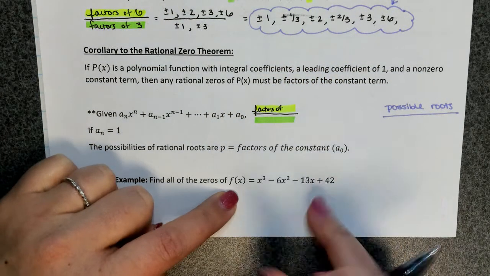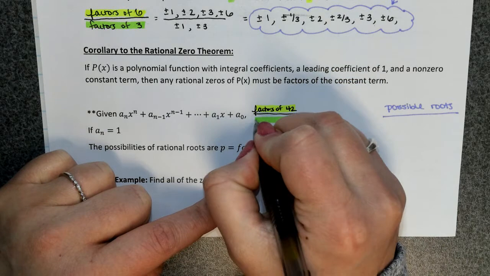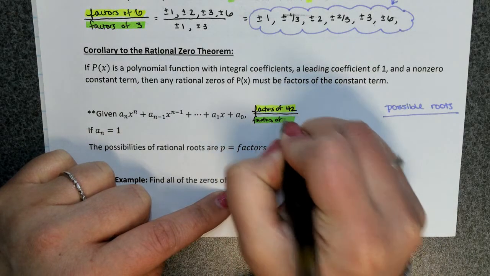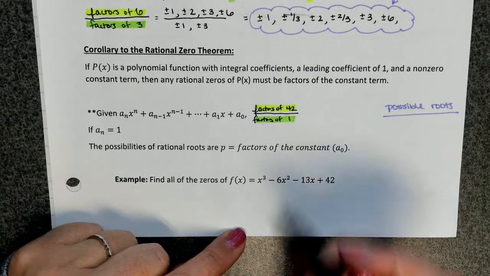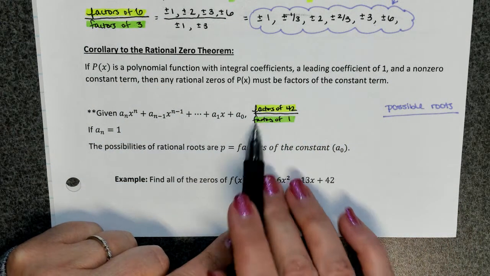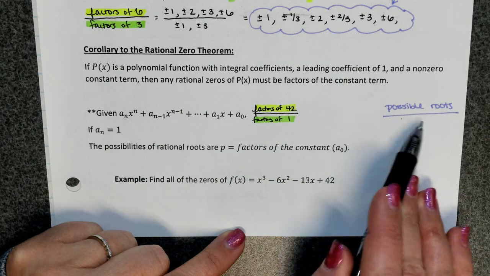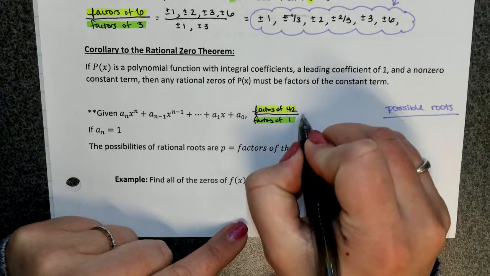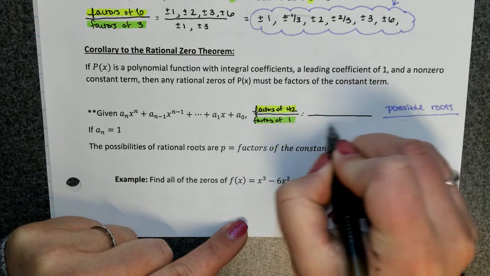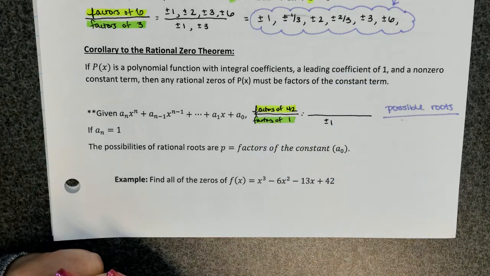So the factors of 42 and the factors of, in this case, this leading coefficient, which is 1. And that's what I was saying. You can always write it out like this, but this corollary tells us that our answer for possibility of roots is just going to be the factors of 42. Because if I write out this middle step, the only thing on the bottom is positive or negative 1.